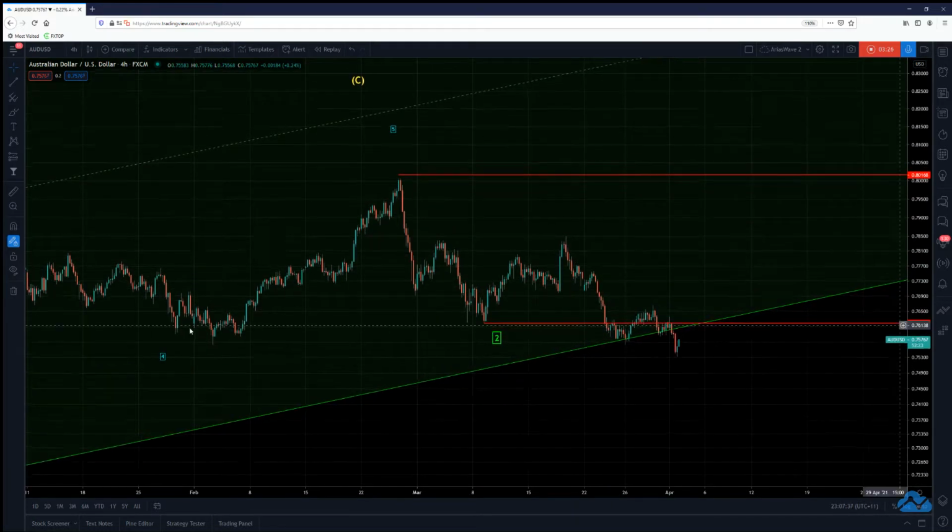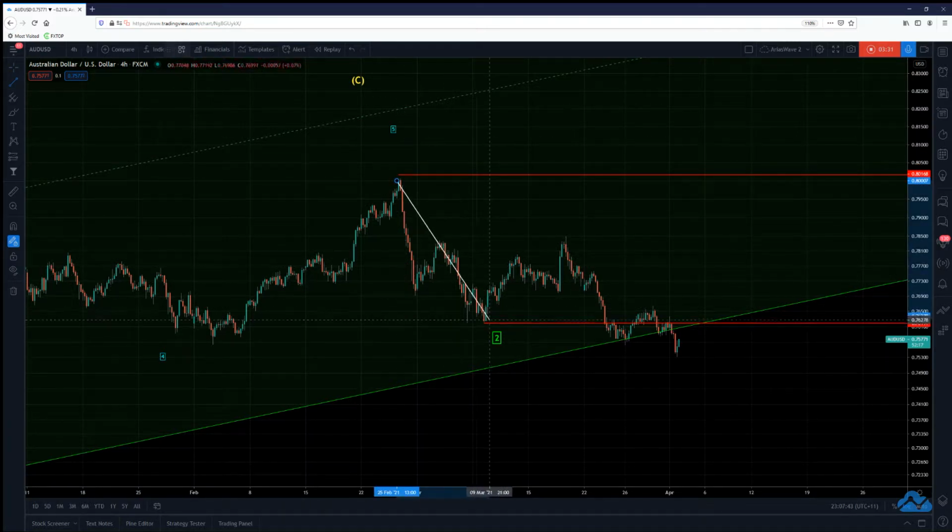Okay, so where does the first 5 wave move, would that be this? I would say no. I would say this was the first 5 wave move, and then you have your A, B. Hang on a minute. This doesn't look like a B wave.